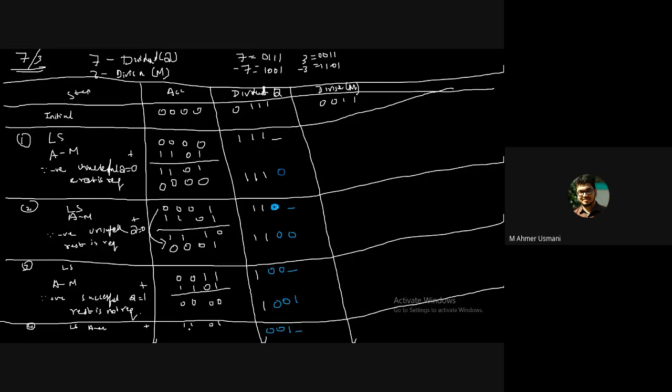On adding 1 1 0 1 to this number, you'll get something which is 1 1 0 1. Since the number is negative, it is unsuccessful. Unsuccessful means restoration is required. So we'll get the original number, which is 0 0 0.